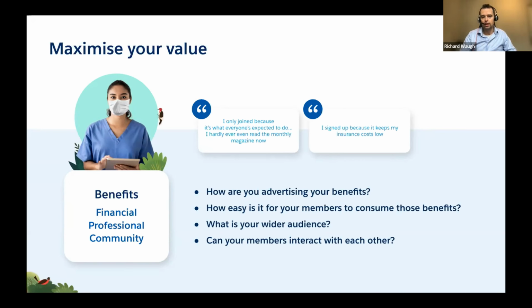How do you do that, and how do you make it clear? Once you've advertised those benefits, made people aware of it, how easy is it for people to consume those benefits? Are there people that could consume your benefits that just haven't heard about you? Do you have a wider audience? And when they are consuming their benefits, can your members interact with each other?